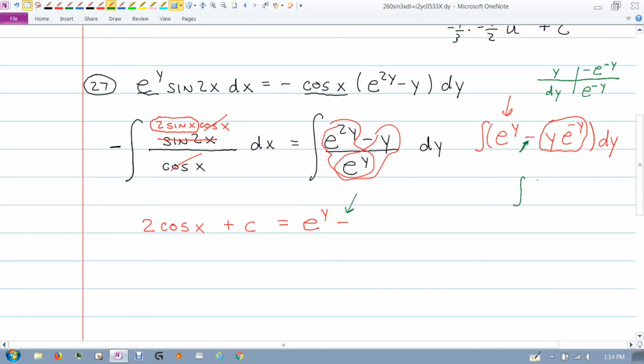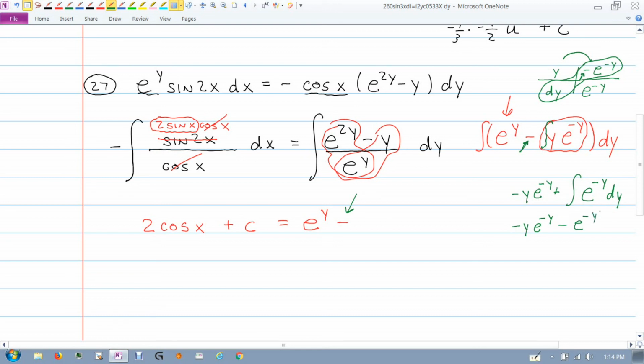So if I integrate just this piece here, I'm going to get these two multiplied, so negative y e to the negative y minus the integral of these two. And notice I had a negative there, so I'm just going to make this a plus, e to the negative y dy. And so I get negative y e to the negative y, and then when I take the antiderivative of e to the negative y, I get e to the negative y.